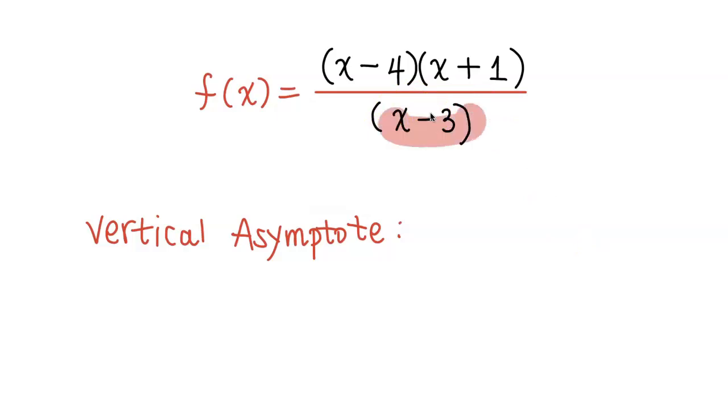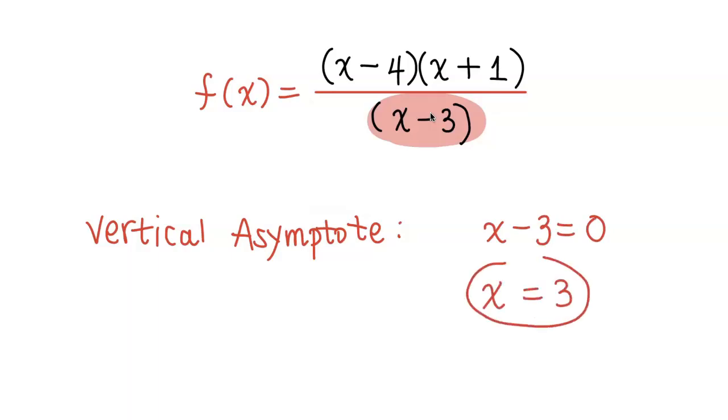And the denominator is x minus 3. So what you want to do is set up x minus 3 equals 0. And when you solve that for x, we get x equals 3 as the vertical asymptote, okay?